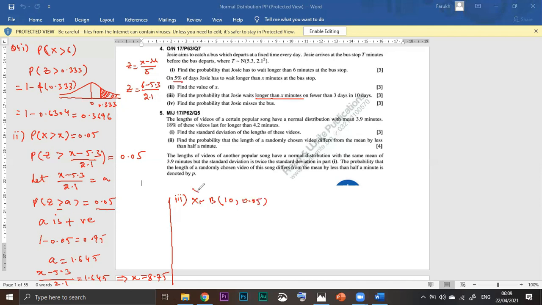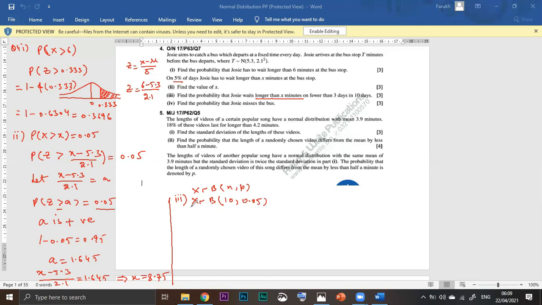The binomial distribution has two parameters, n and p. N is the total number of experiments and p is the probability of success. Here in this question, we have n is equal to 10 and p is equal to 0.05.